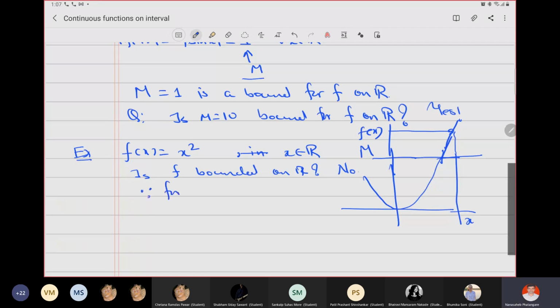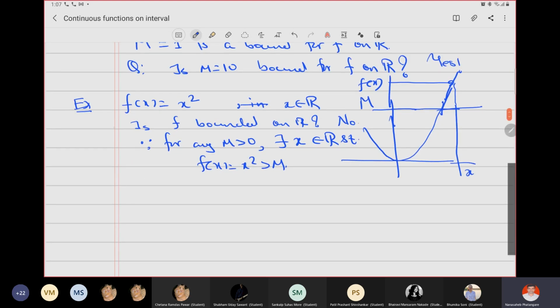For any m greater than 0, there exists x in R such that f of x, which is x square, is greater than m. Whatever number you give as m, I can give you x so that f of x is greater than m. So it is not bounded on R.